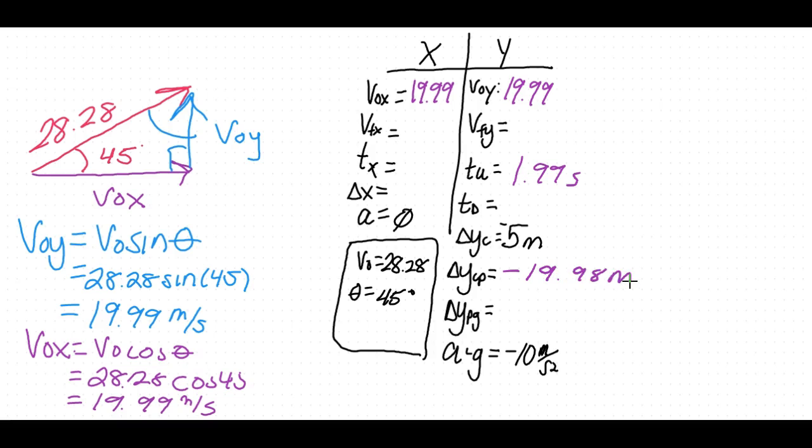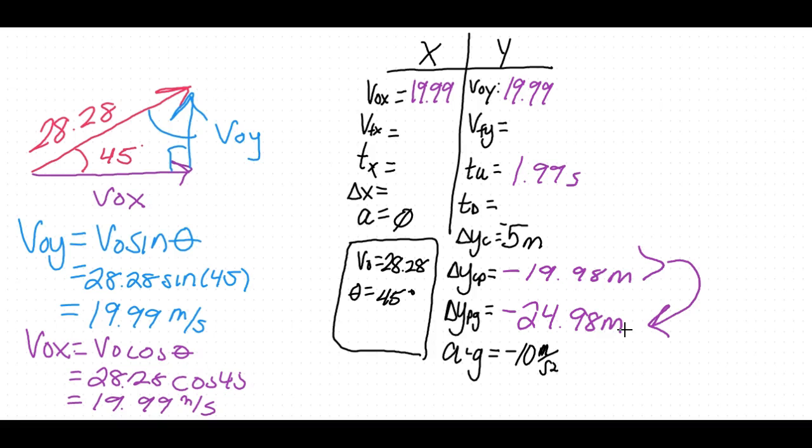All right, now from there we know that the delta y is 5, and then the cliff to peak is 19.98. So when you add those two things together, that's going to give you your peak to ground value. So 5 plus 19.98 going to give us negative 24.98 meters. That is our total height above the ground.